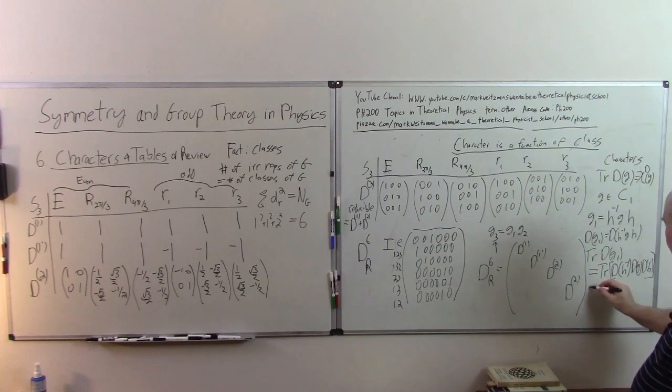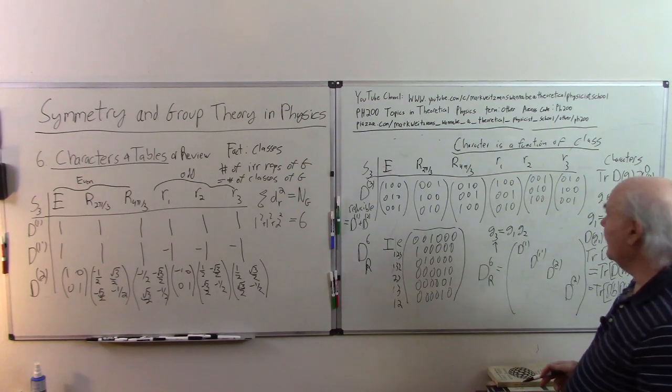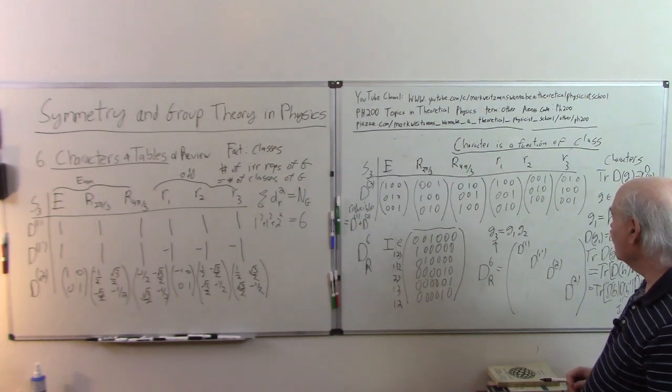But the trace is cyclic, so we can move this to the front, and now we get the trace of D(H) D(H inverse) D(G), using the cyclic property of the trace. Now we can combine these. This is equal to the identity and falls out. So we just get back to the trace of G1. So any two elements in a class have the same trace. That's why characters are so useful.